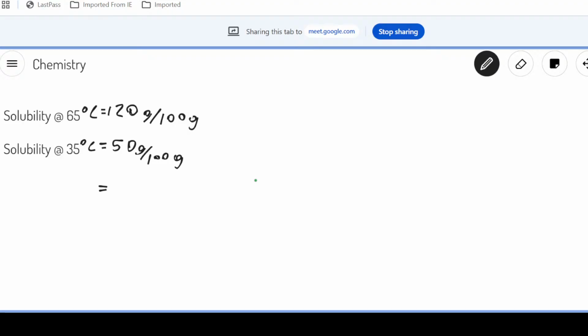The moles would be 0.5 and the volume it's dissolved in, we convert to dm cube. So we convert the 100 to 0.1 dm cube. Both ways should give you the same answer.